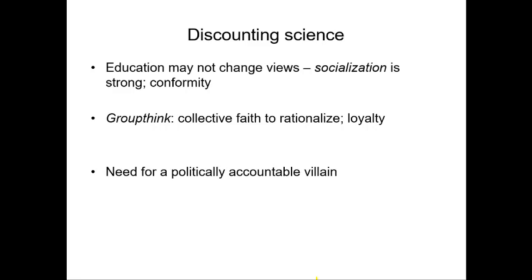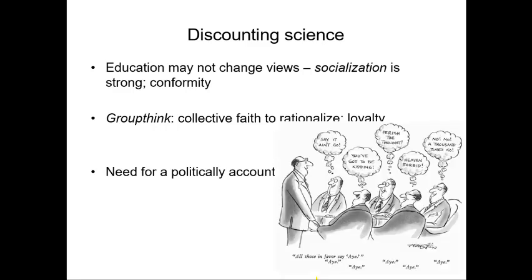Some people argue that the Iraq War was led by a relatively small group of insiders who were focused on getting rid of Saddam Hussein, at the risk of coming up with some reasons that turned out later to be not valid. So this is a collective faith in a group, or loyalty to the group or the leader.